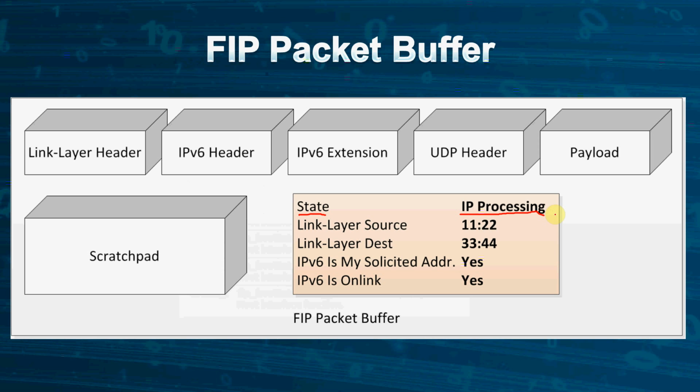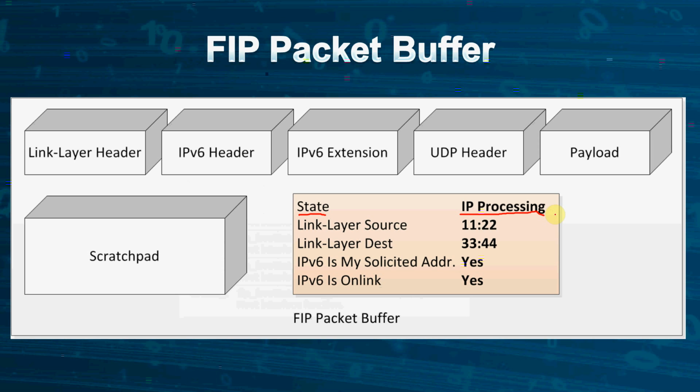And this makes fragmentation really easy because it'll just keep skipping further processing on this packet. And when you get a new fragment, you can just look through all of the packet buffers, if you have multiple, that are in this waiting for fragment state, and you can say, oh, this is the one I want, add the fragment, check if it's complete or not. If it is, you set the state to now IP packet ready to be processed, or whichever, depending if it's link layer or IP layer.